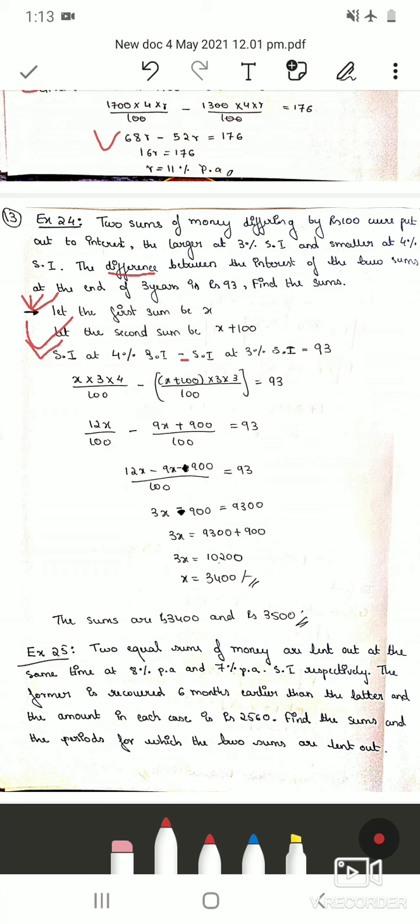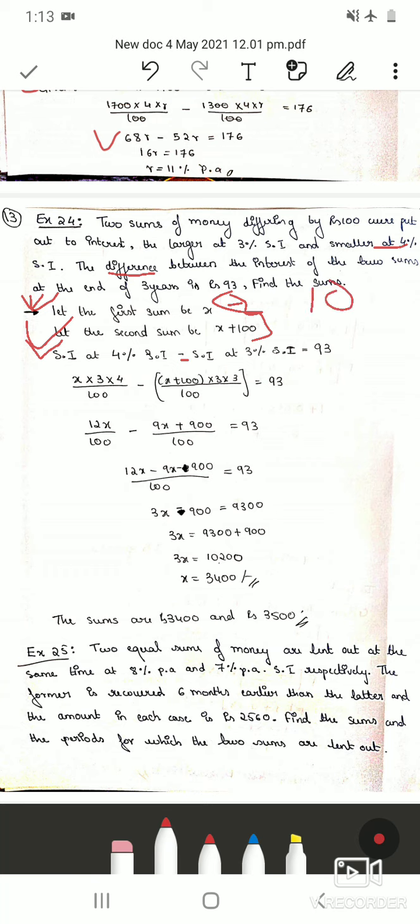So that is simple interest at 4% minus simple interest at 3% is equal to 93. Along with this they have given what is the rate of interest for which amount it is taken. The smaller sum has 4% simple interest. So among these two, the smaller sum is obviously x.